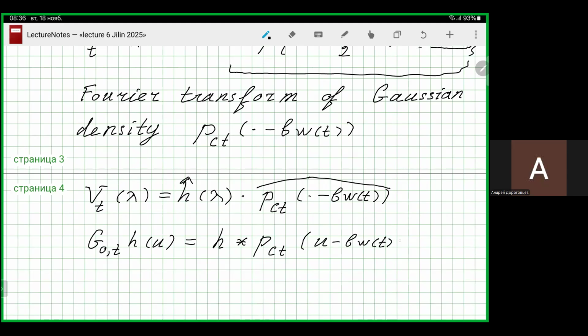That's all. So you see, since in this case our equation has two parts, one related to the heat equation and another related to shift, one can see that in the final solution we have the presence of two things. Firstly, a convolution with the heat semigroup with this P, and secondly, a shift.